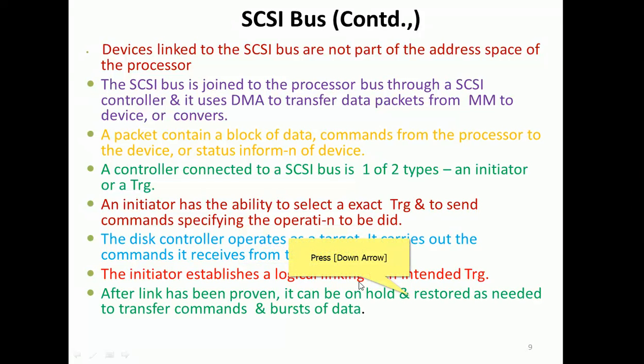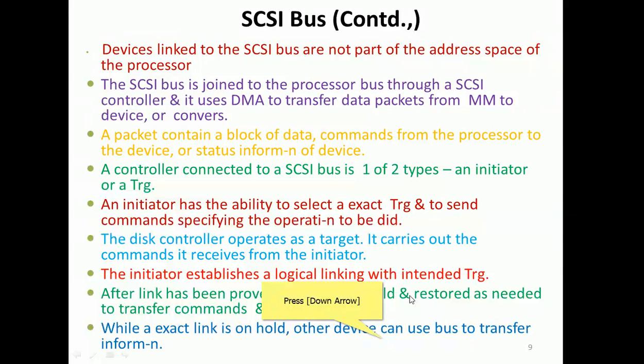After the link has been confirmed, it can be held and restored as needed to transfer commands and bursts of data. Once it is identified, it can transfer and become bus master, hold that is, and after completion it restores the necessary information disturbed in the burst of data.